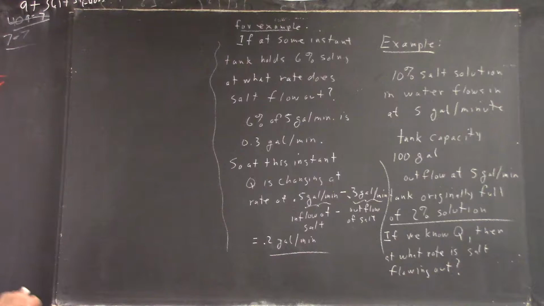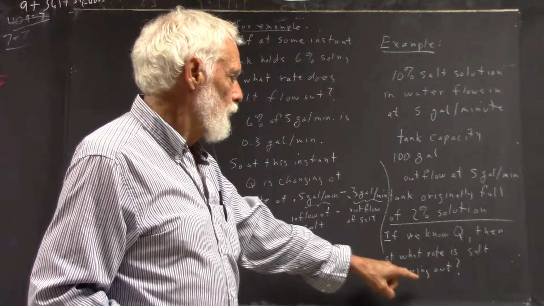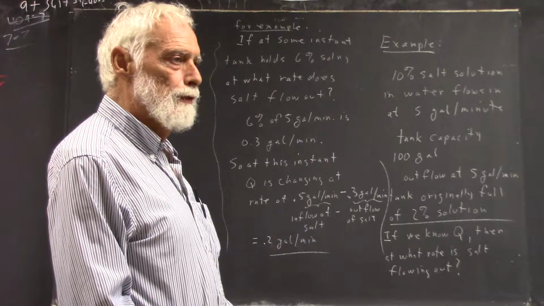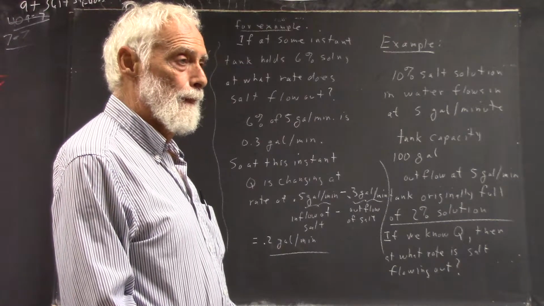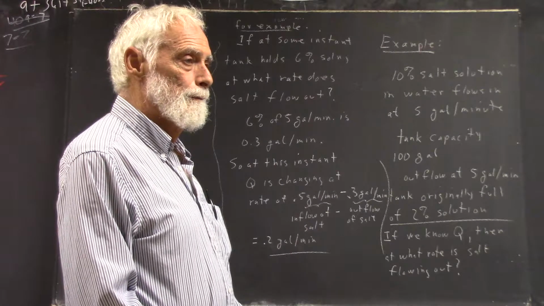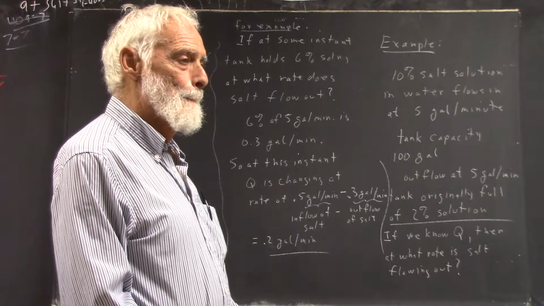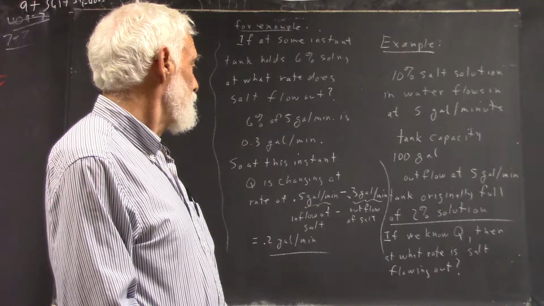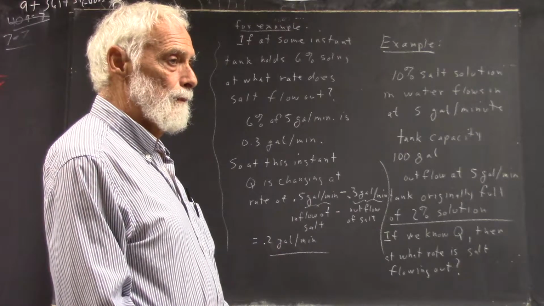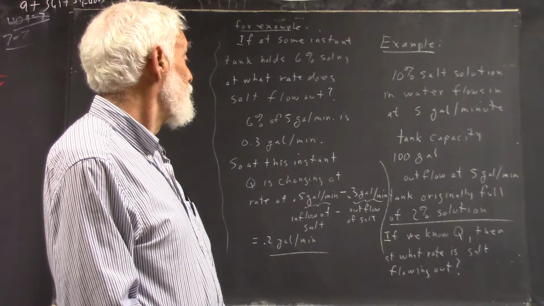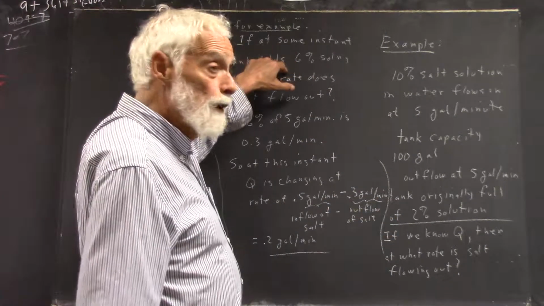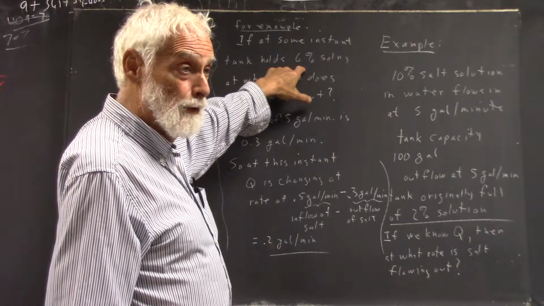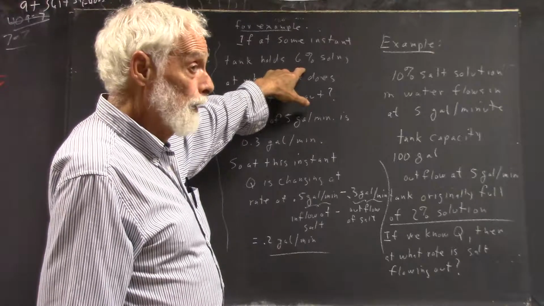Okay, so now my question is, if we know Q, then how do we figure out at what rate salt's flowing out? Now, here we didn't know Q, but instead of the 6% solution, I could say there's 6 gallons of salt in the tank.